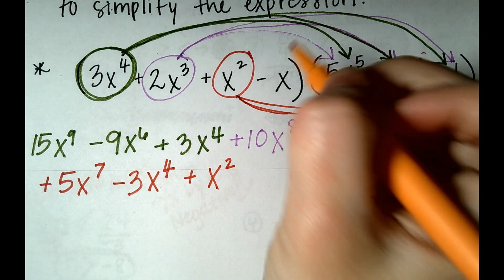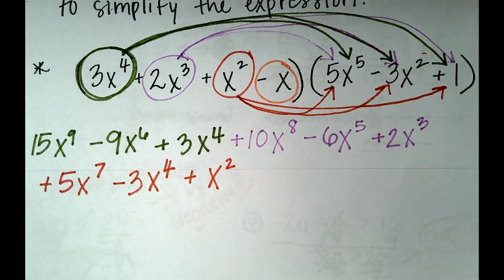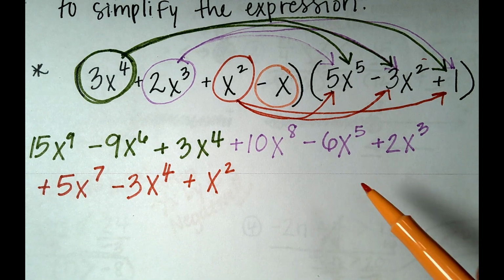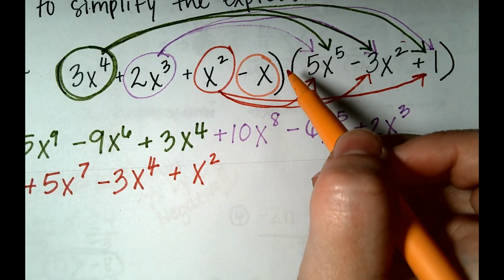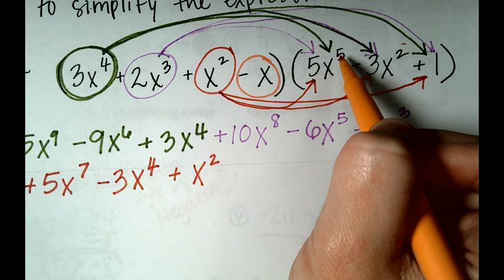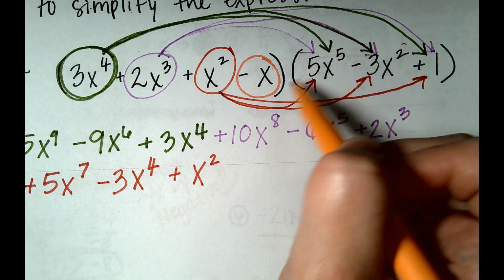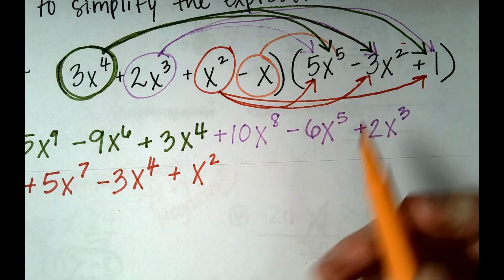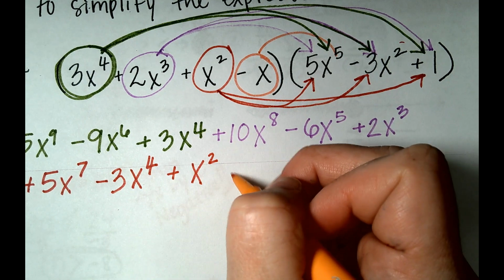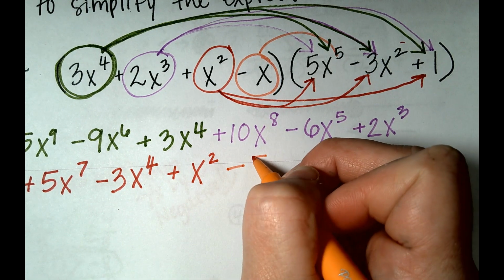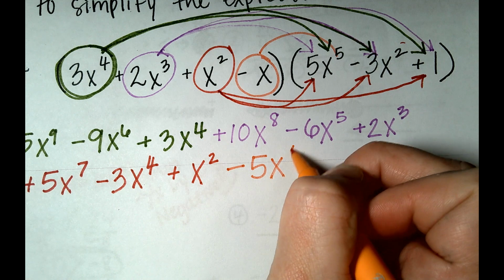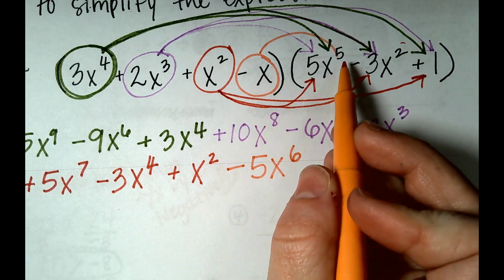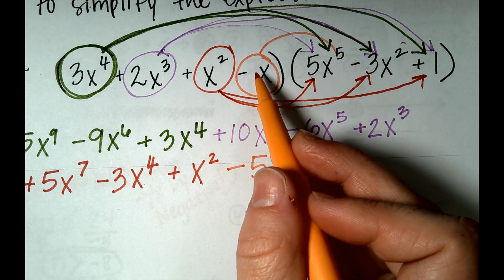So now I have negative x. Negative x times 5x to the 5th power becomes negative 5x to the 6th power, because we have x to the 5th times another x.